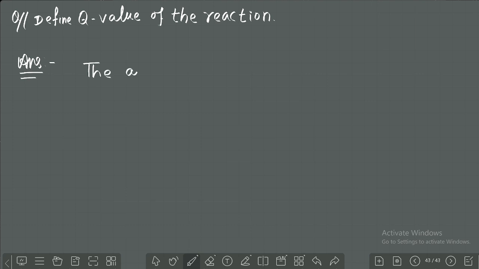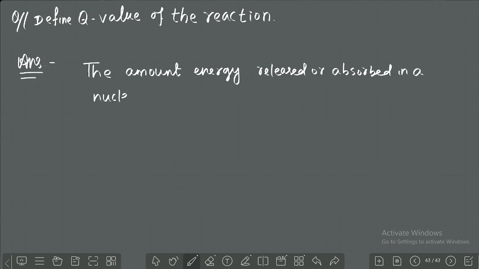Right, the amount of energy released or absorbed in a nuclear reaction is called the Q value of the reaction.